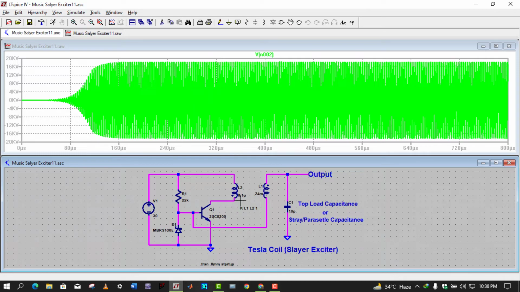So the electric field and magnetic field produced by the Tesla coil will excite the gas inside the tube light and it will glow. So coming to a practical implementation.